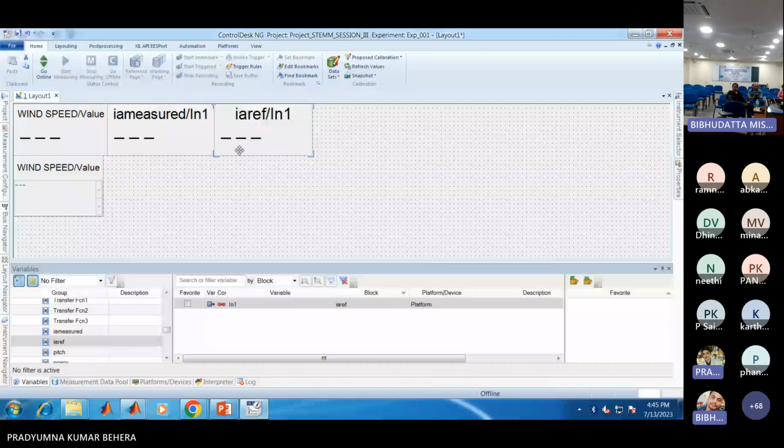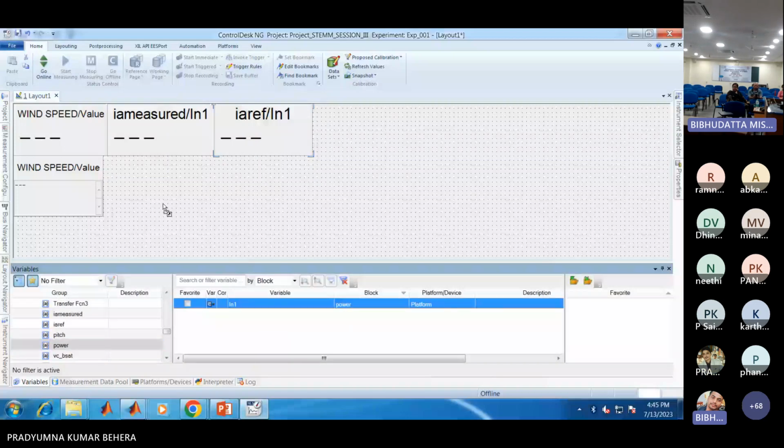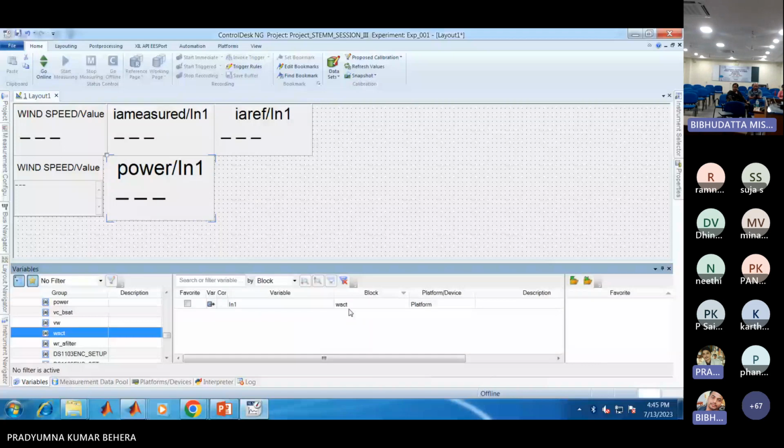Next, I will bring the power output of the wind turbine. Next, I will bring the angular velocity of the turbine rotor.